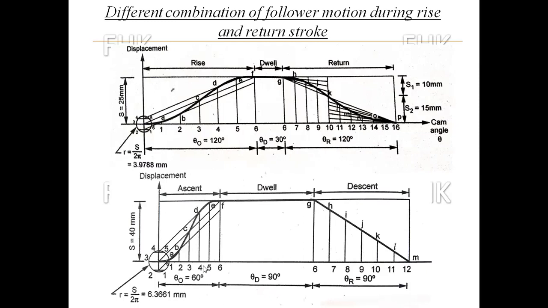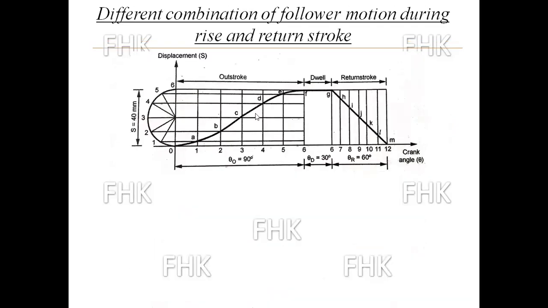In this problem statement, the forward motion or outward stroke or rise of the follower is cycloidal motion and the return stroke is uniform velocity or uniform motion. In this one, the forward motion is simple harmonic motion, so you will follow this procedure to draw the displacement curve. And in return stroke, that is uniform motion.